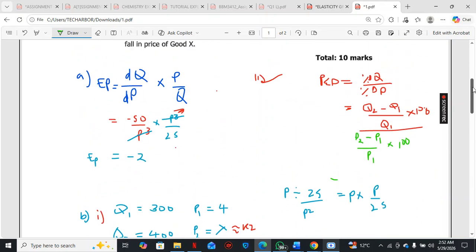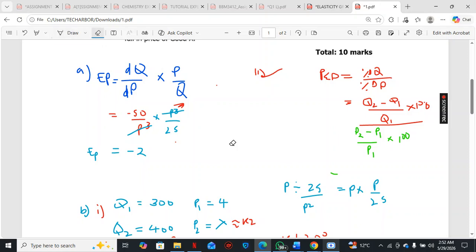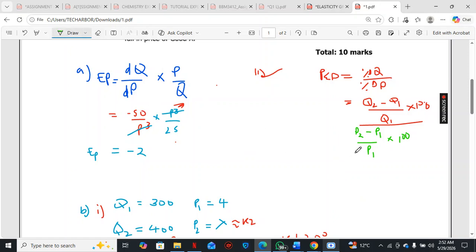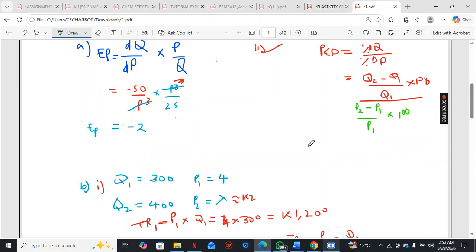We already have this information here, our new price and old price. We come back to the information here: our Q1, Q2, P1 and P2. All right, so let's get these percent changes.